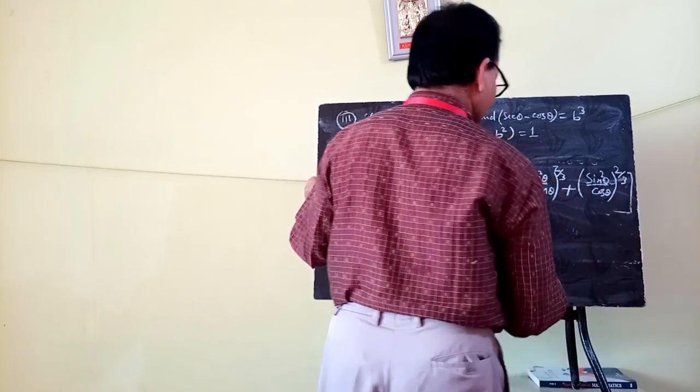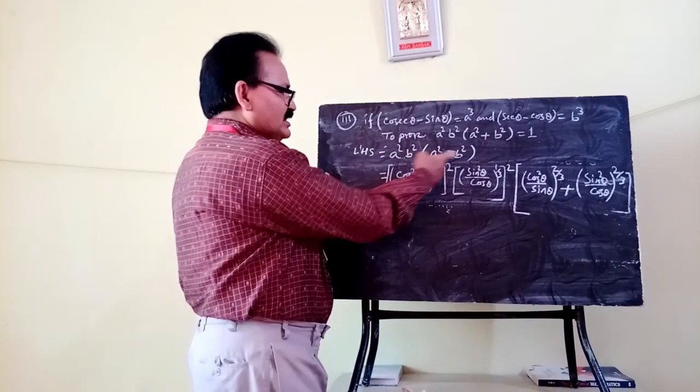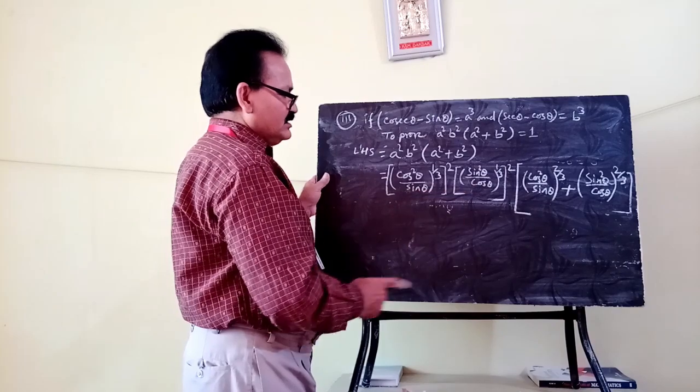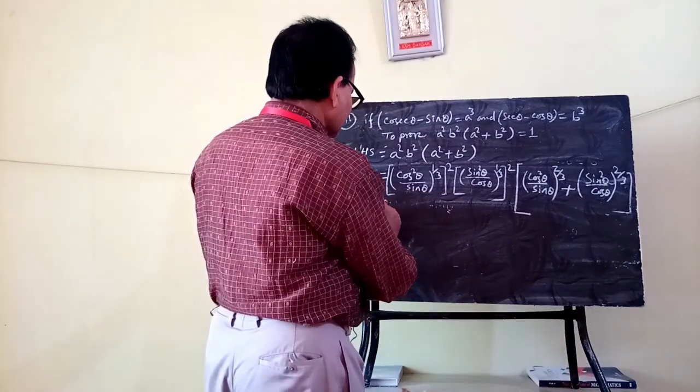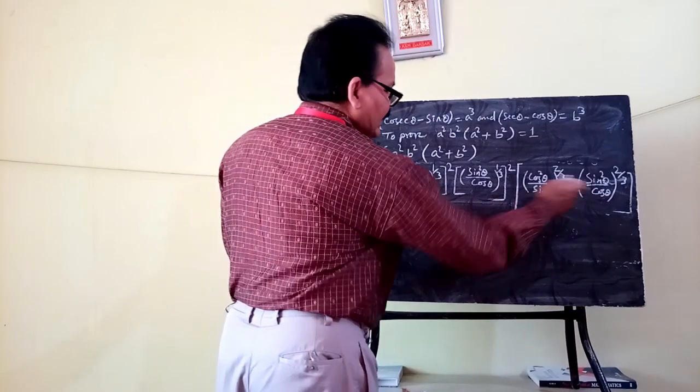Bracket is closed now. Okay, instead of this you have just substituted the values of a and b. After that you simplify this part. These are the product and these are the addition.